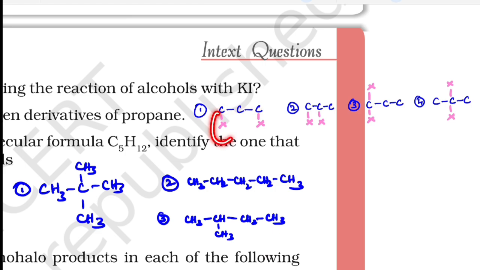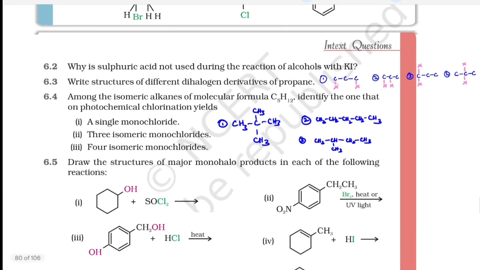Dihalogen means one halogen attached here and a second halogen attached to this carbon. Another possibility is one halogen attached to this carbon and another to this carbon. The third possibility is that we can attach 2 halogens to the same terminal carbon. And the next possibility is that we can attach 2 halogens to the center carbon. So these are the 4 possible products obtained for propane.